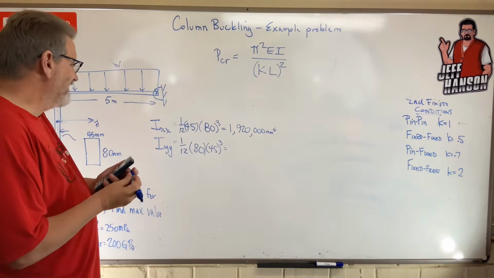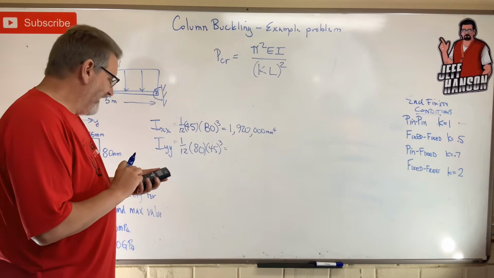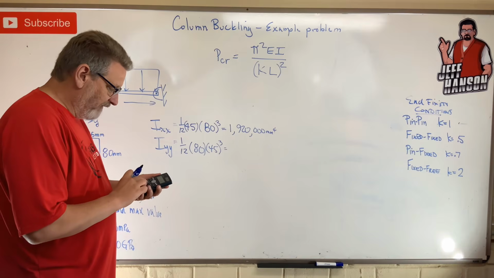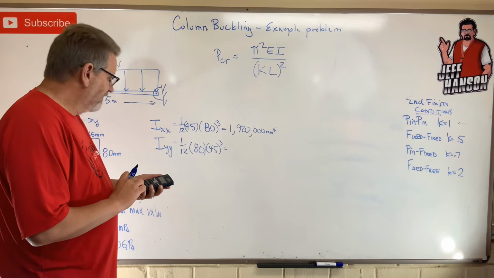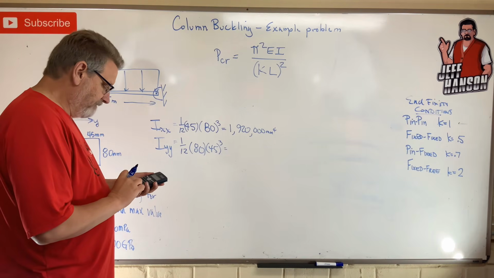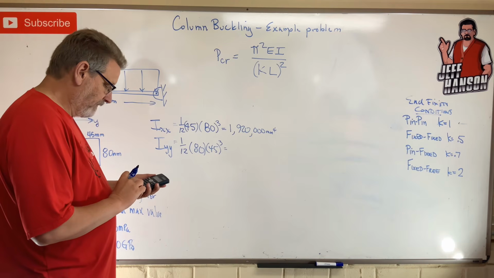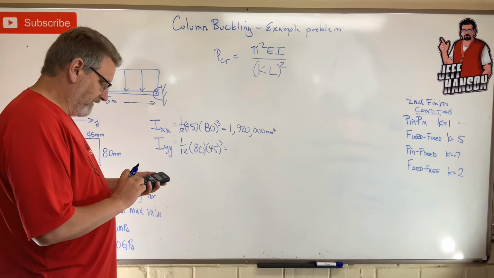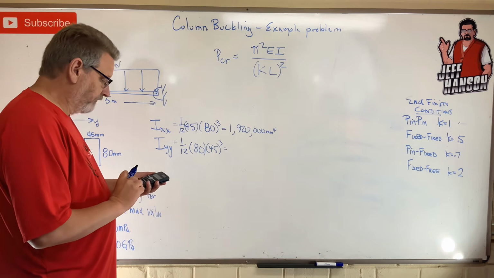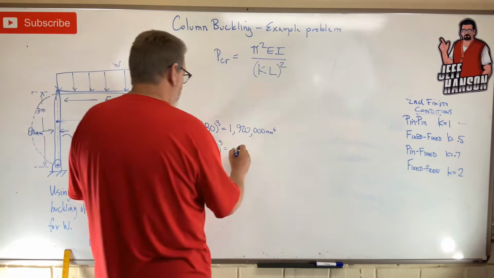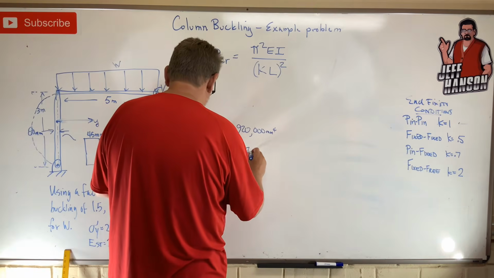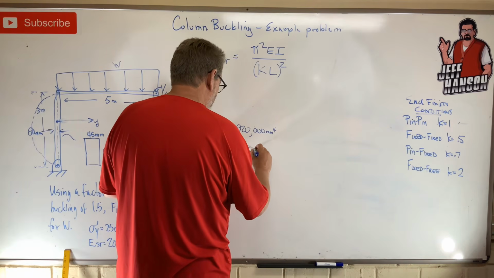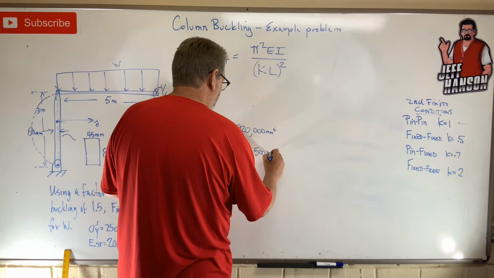I'm not afraid. Don't be scared. So 45 cubed times 80 equals, divided by 12 equals 607,500.